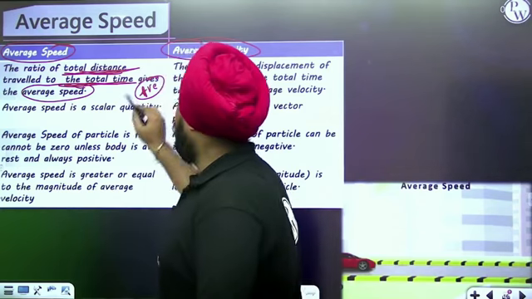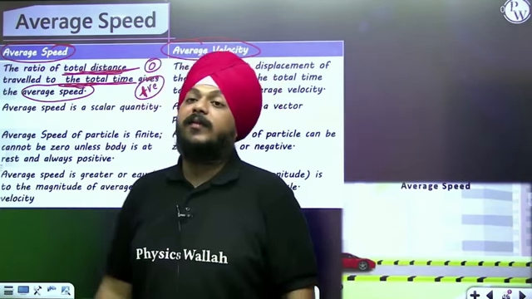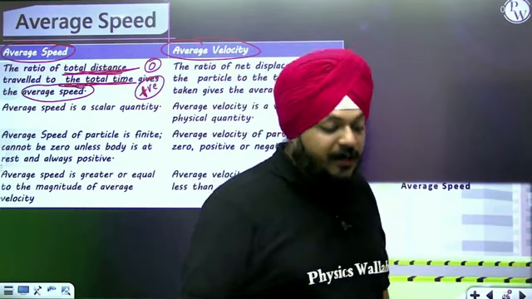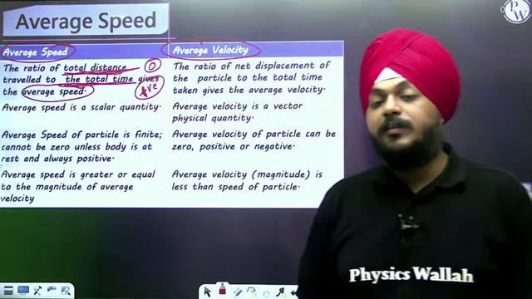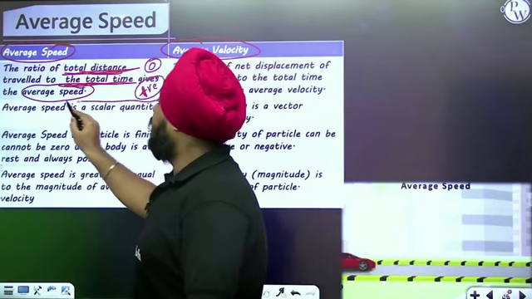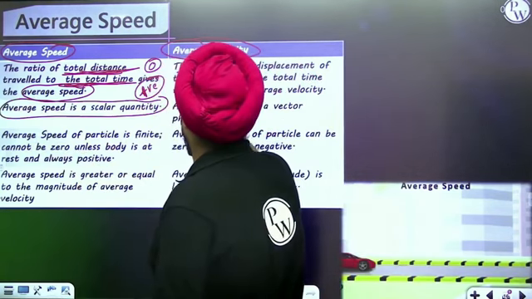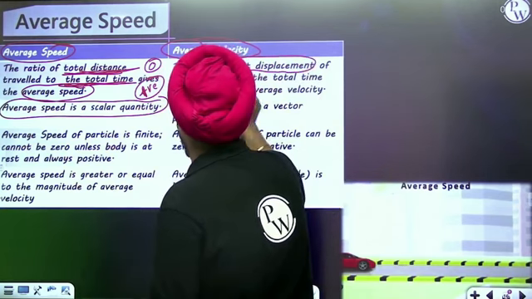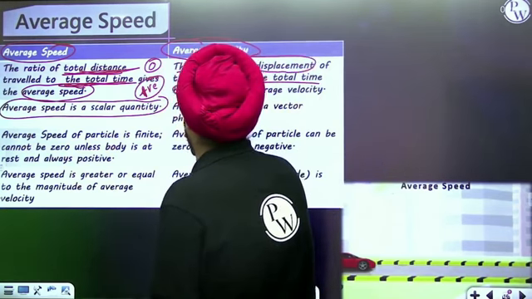Average speed is always positive, or sometimes we have the value as 0. Average velocity is displacement per unit time.